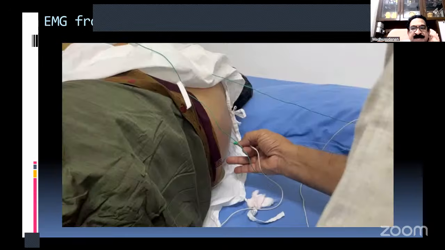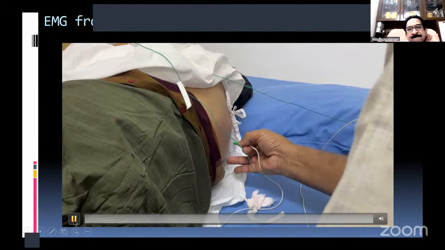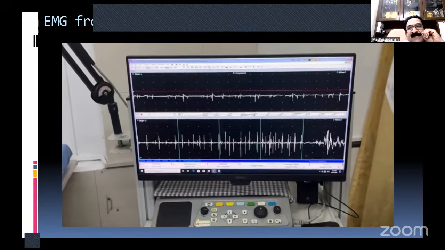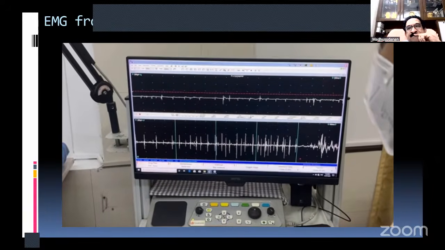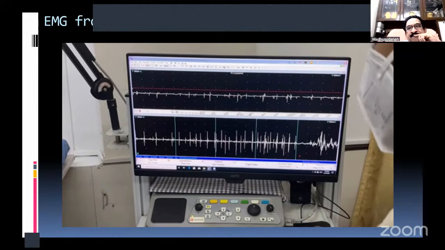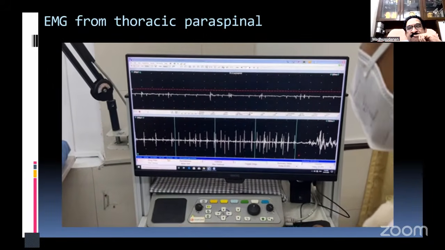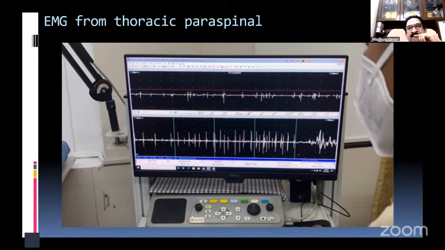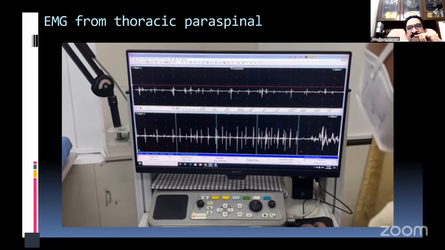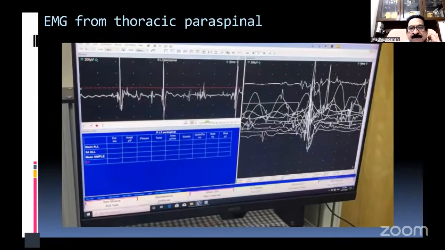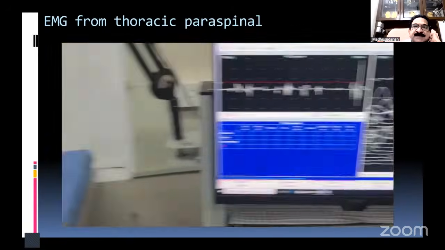Then from the paraspinal. Again, fasciculations and fibrillation potentials. Some other potentials are large and polyphasic.